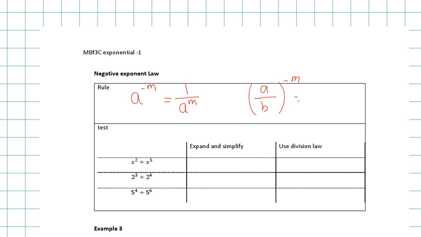The answer is right, but I'm just doing this a little bit differently. I said when you have a negative exponent, what do you do with the base? Flip it. So if I flip a over b, what does it become? B over a. And then what do you do with the exponent? It's positive now. Make it positive. Done.